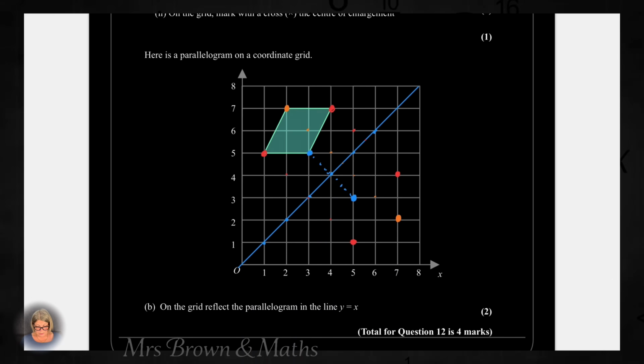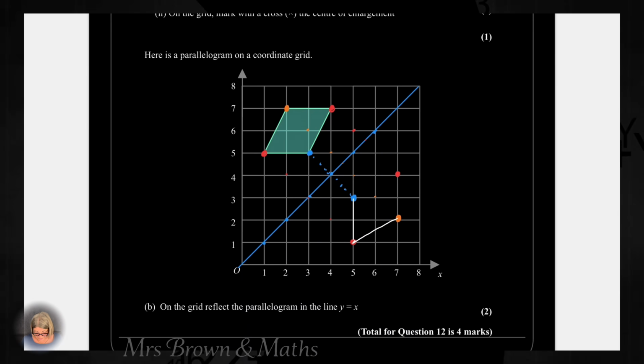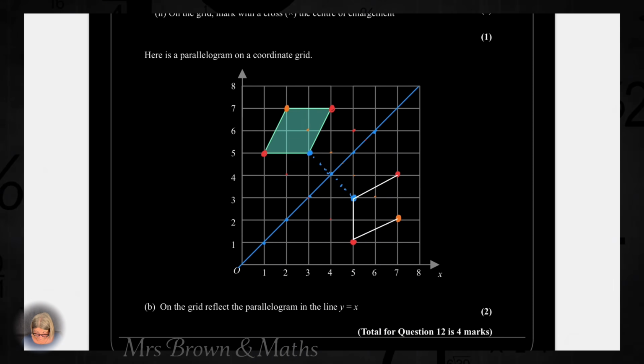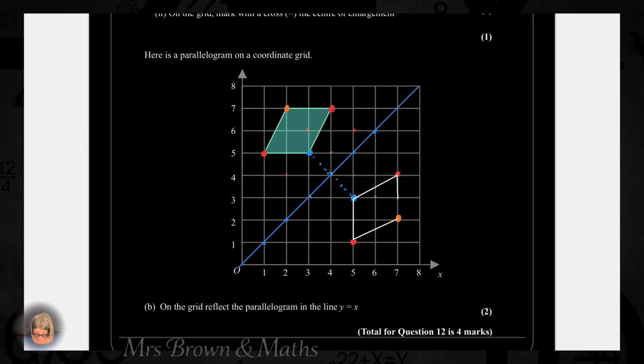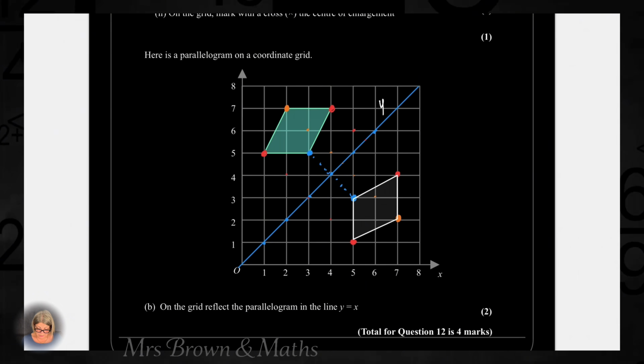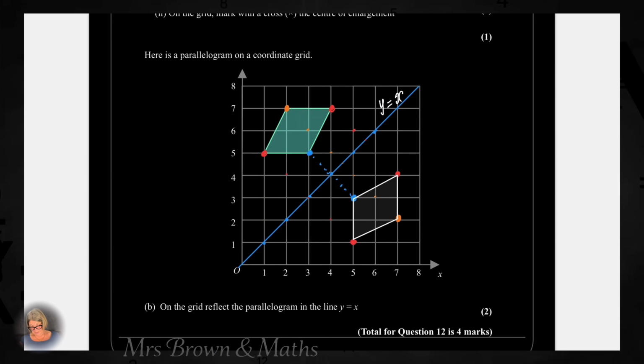And now connect all these points using ruler. That's it. Probably I would also write y equals x. That's it. Next one.